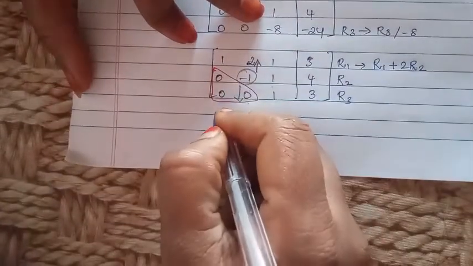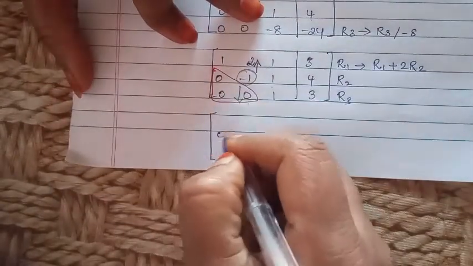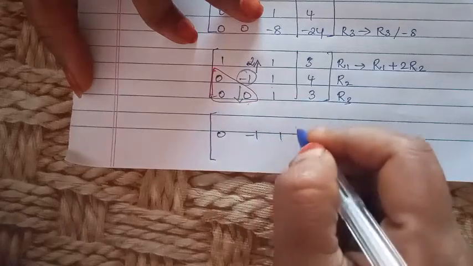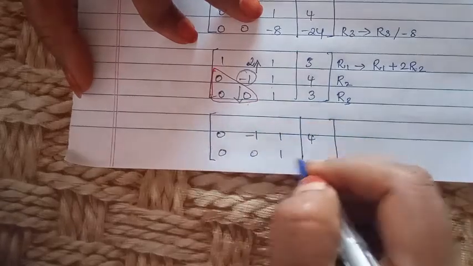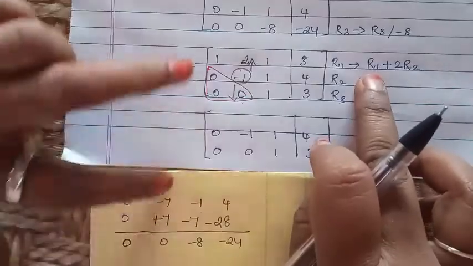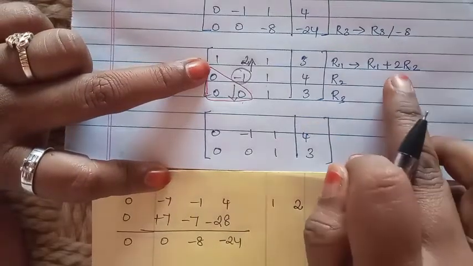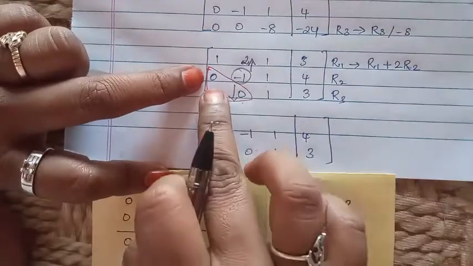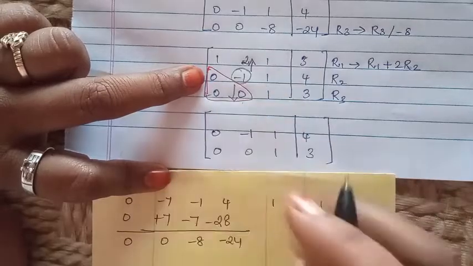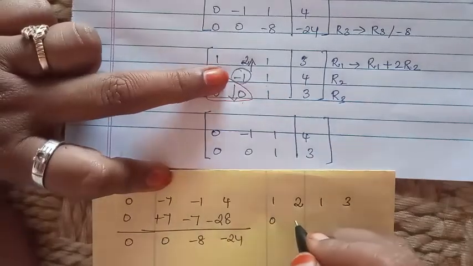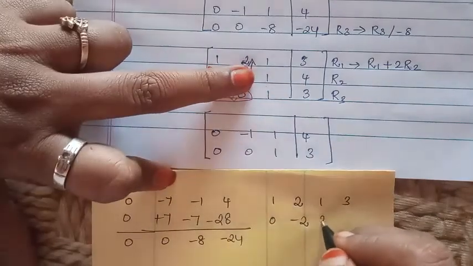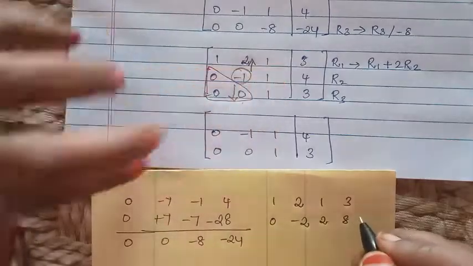Now let's write it here. Rest of the rows there is no changes. 0, 0, 1 and 3. Row 1. So write row 1 first. 1, 2, 1, 3. 2 times R2. So this is row 2. When you multiply it by 2, it becomes 0, minus 2, 2 and then 8.